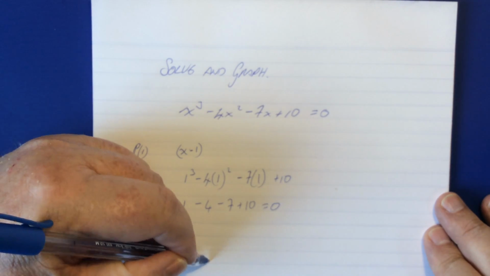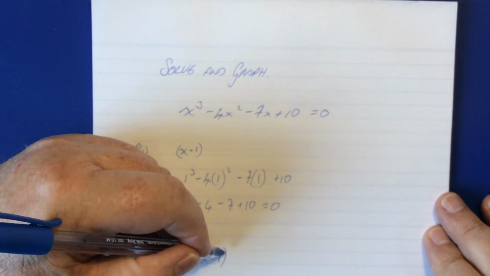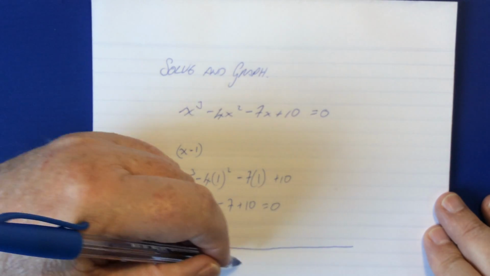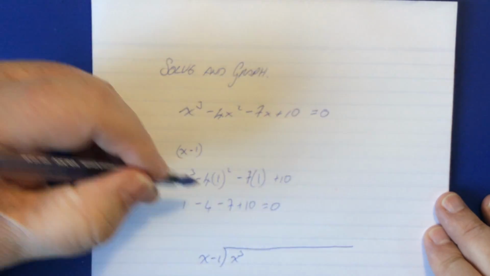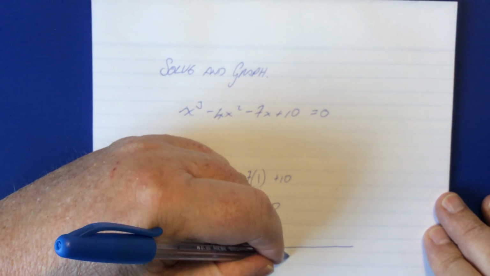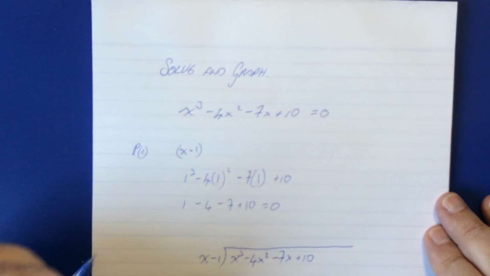Here's our next move. So there's a process, and you're just watching me work my way through it. x cubed minus 4x squared minus 7x plus 10.